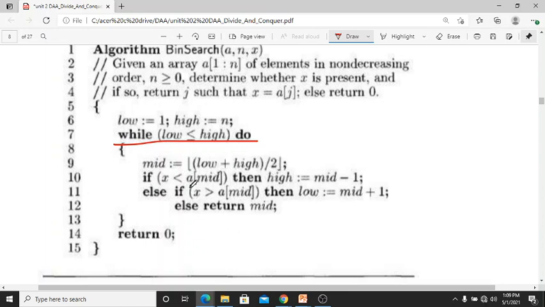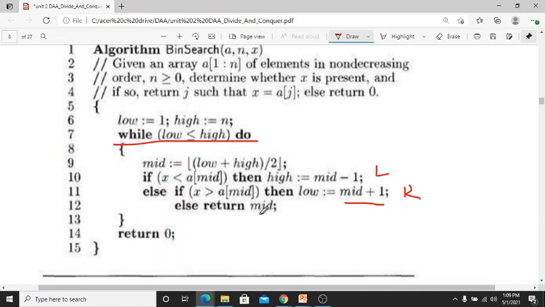If x is less than A of mid, then high equals mid minus 1. Same thing we are performing. Mid minus 1 means it is moving to the left. Else if x is greater than A of mid, then low equals mid plus 1. Mid plus 1 means it is going to the right.